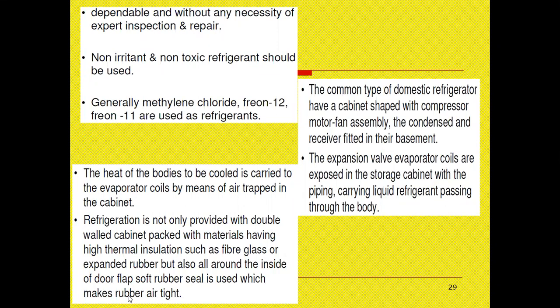The refrigerants we use in refrigeration systems are Freon 21, 22, 11, 12 and so on. You should use non-toxic and non-irritant refrigerants. Generally, methyl chloride, Freon 12 and Freon 11 are used as refrigerants, right?